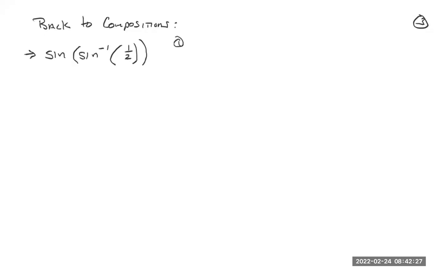So the first thing we want to do is the inner function. Sine inverse of positive 1/2 from quadrant 1. And what we're saying is, where is sine of theta equal to 1/2? Well, that's at pi over 6.